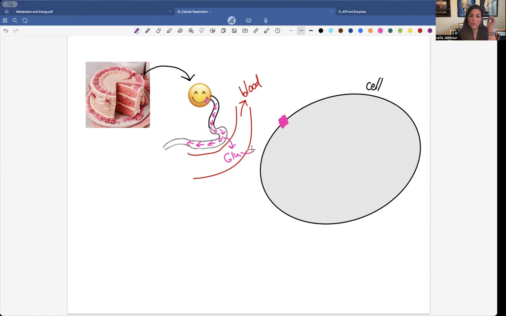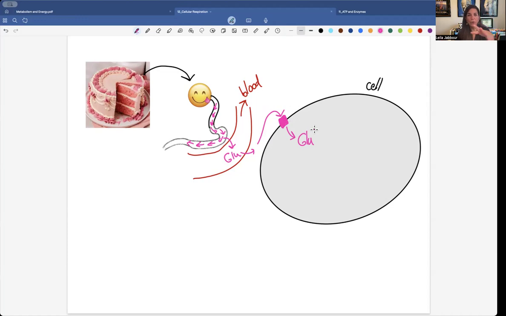So it leaves the blood and enters the cell via a glucose transporter. So when it enters the cell, this is when those three phases start.